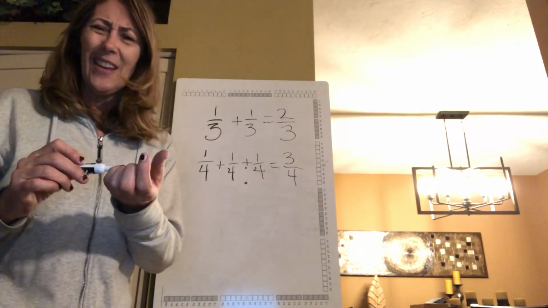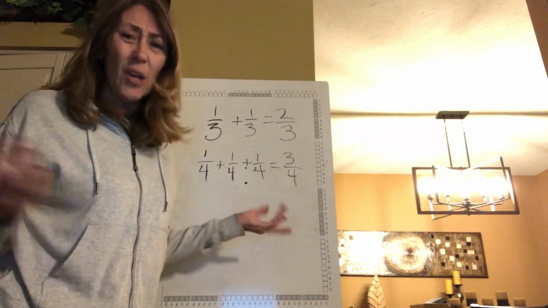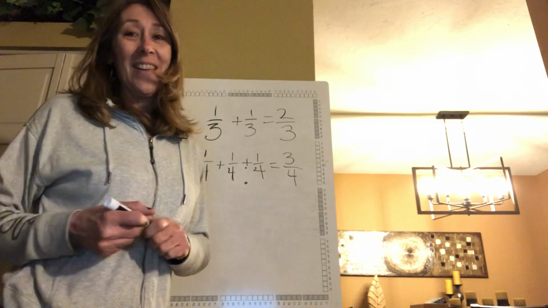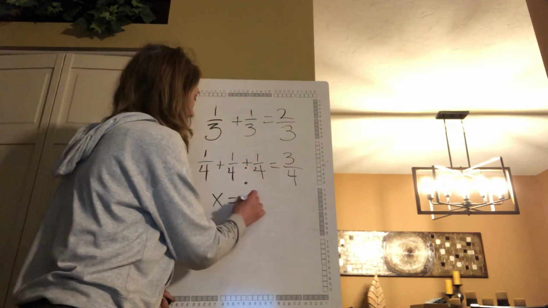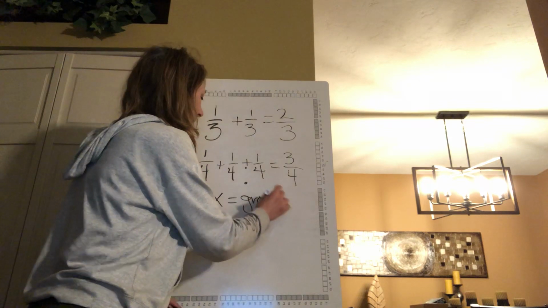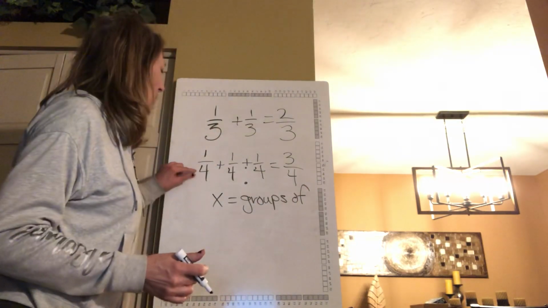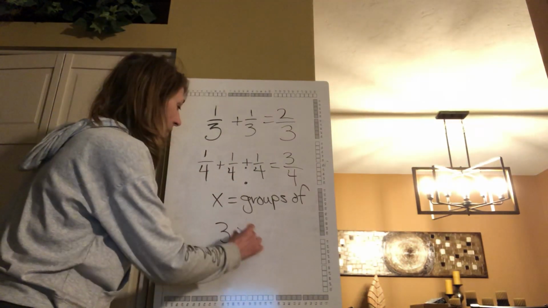You know what? That kind of looks like repeated addition, and we know repeated addition is multiplication, because multiplication means groups of. We know groups of. That's 1, 2, 3 groups of. 3 groups of.